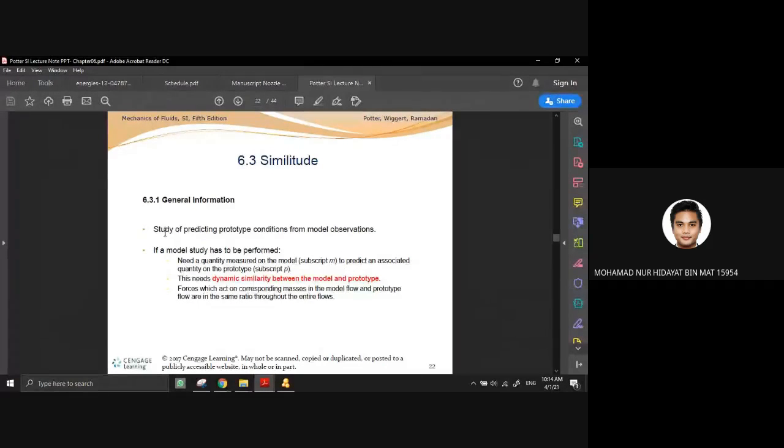You must design. Once you design, you need to calculate, you need to do analysis. You analyze from the model and then you can predict what happens to the prototype. So that means similitude is where you make sure your model has a similar pattern with the prototype.